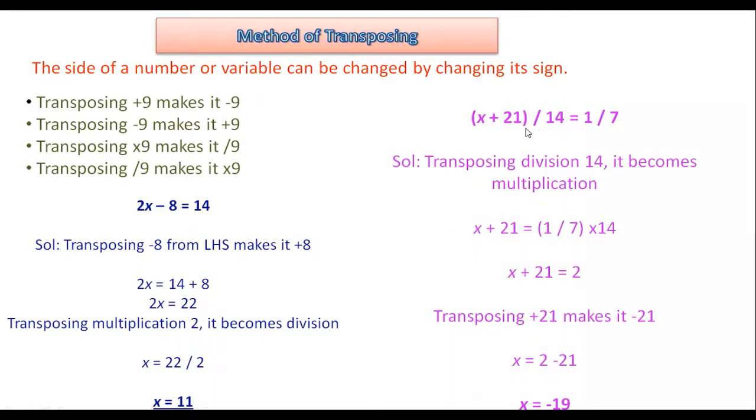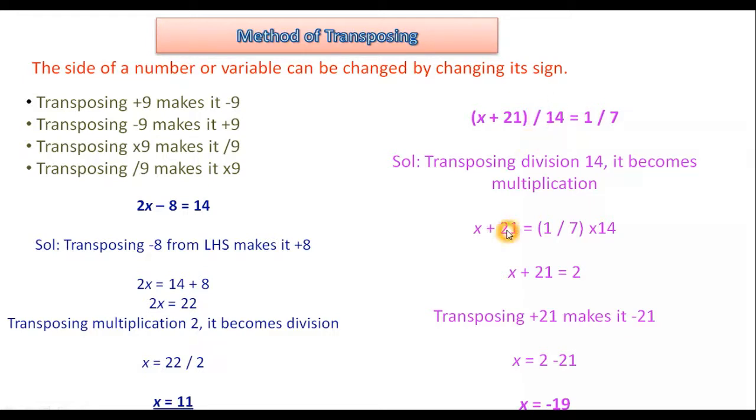Now let's look at this equation. Here we are having x plus 21 whole divided by 14 equals to 1 by 7. Now see, first of all, we need to transpose this 14, which is in division. After transposing, this division will get changed into multiplication.